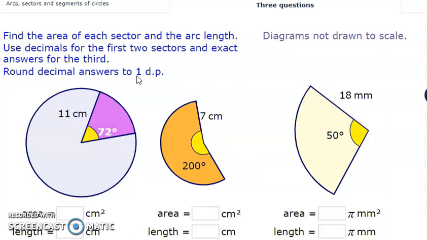Round the decimal answers to 1 decimal point. So this is given to you as your homework, and you just complete these and then let me know your answers in the comment section.